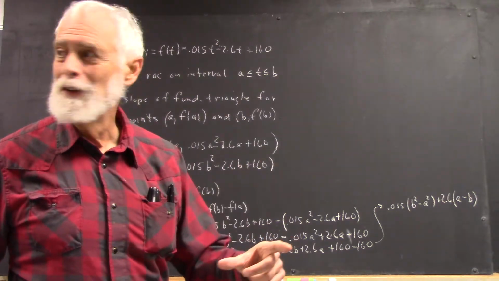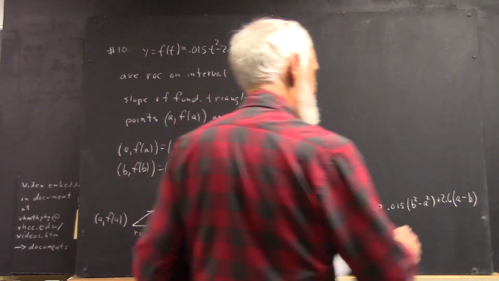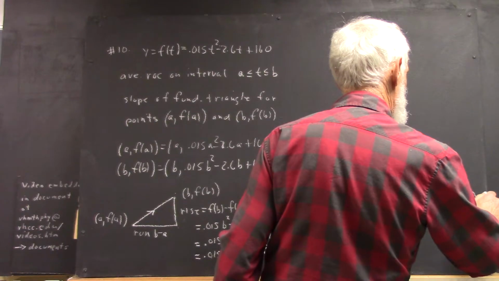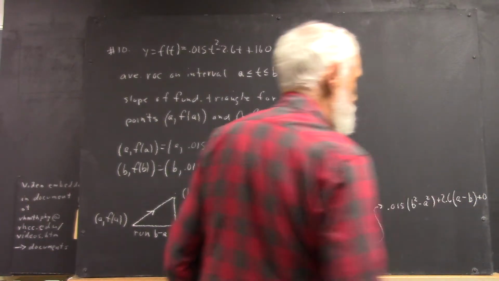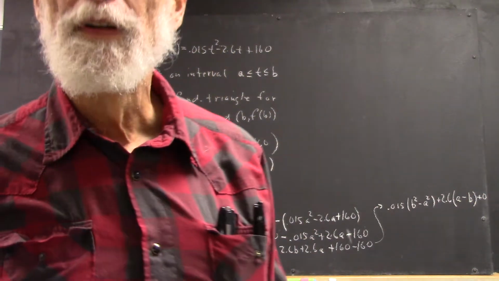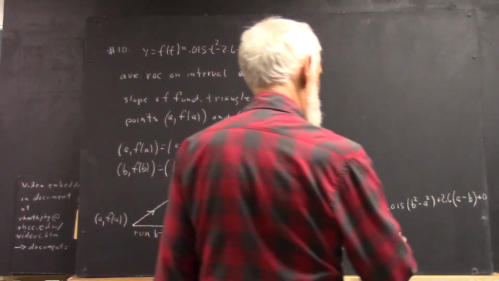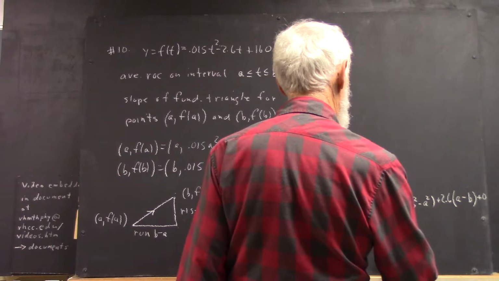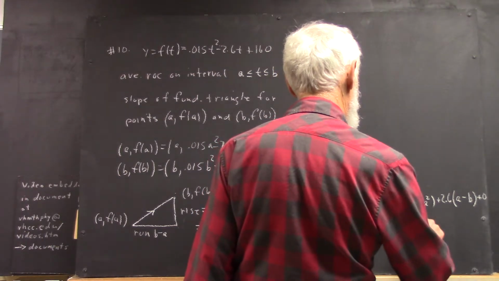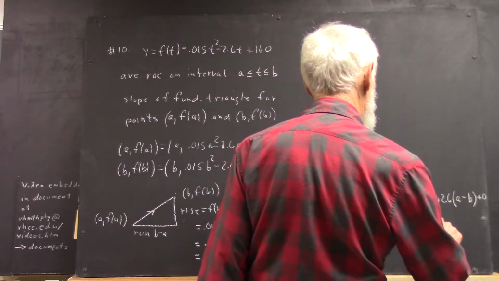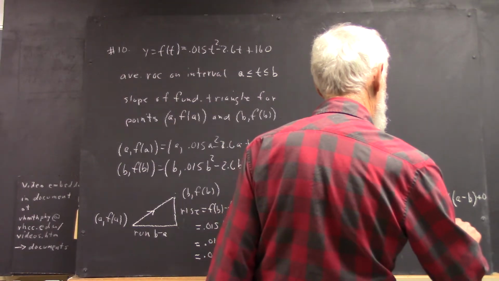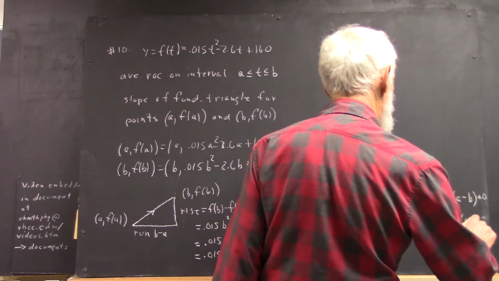That's going to give me 0, isn't it? So I've got just enough room to squeeze in plus 0 over here. Make sure that the camera's picking up the edge of the board there. Okay? So that's just 0.015 times b squared minus a squared plus 2.6 times a minus b.